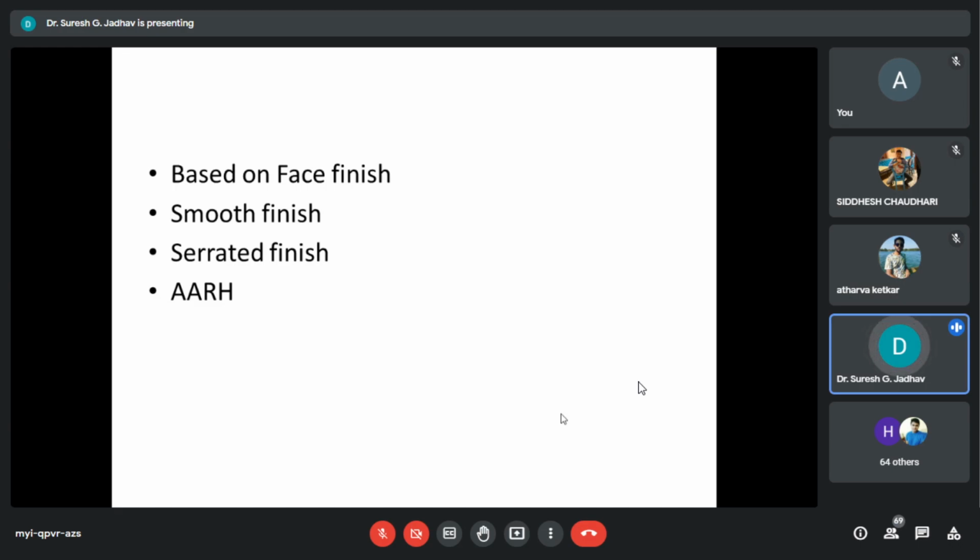And the serration is specified by this number, arithmetic average roughness height, called AARH.